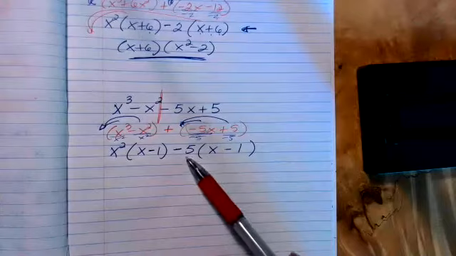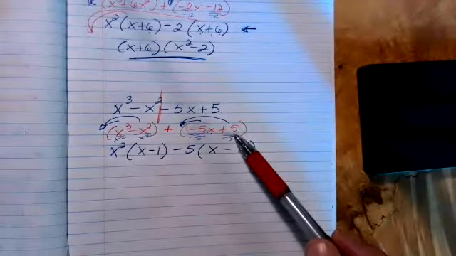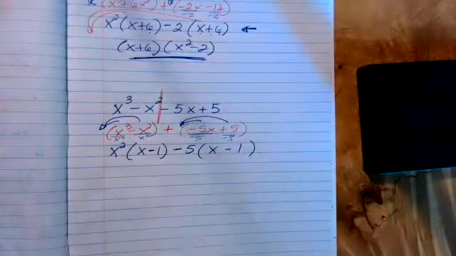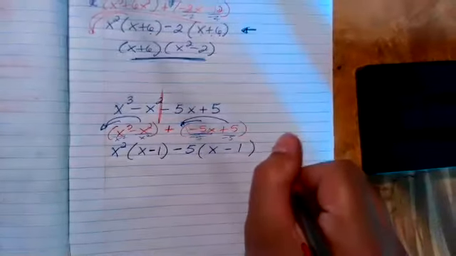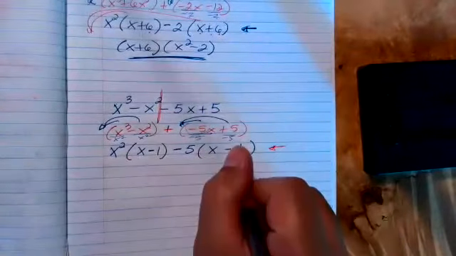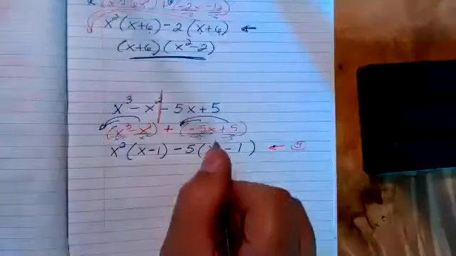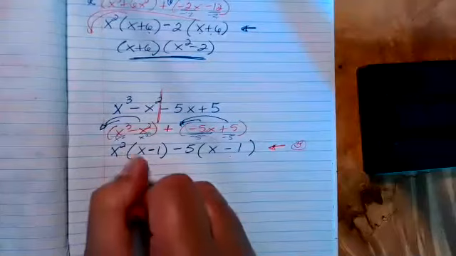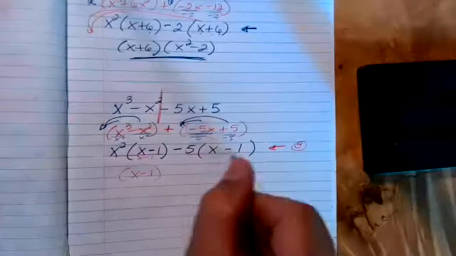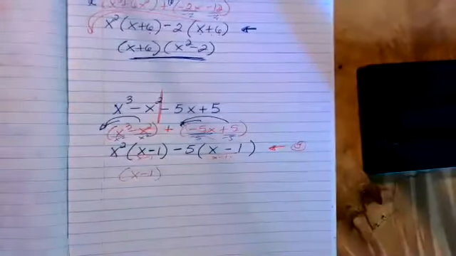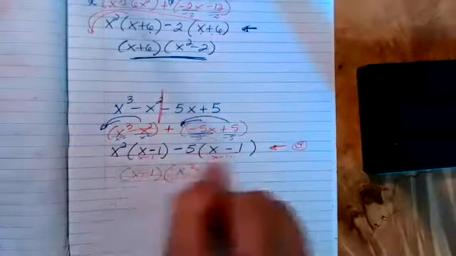And I'm lucky enough that by distributing this back in, it would bring me back to the original problem. I didn't change anything. The values are all the same. And now I could see I have x minus 1 and x minus 1, which is good. I want to factor out the GCF of x minus 1. Again, factoring out means you're just dividing out x minus 1 from both of these, which would leave me with x squared minus 5.